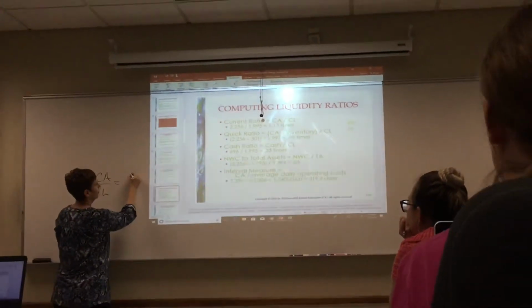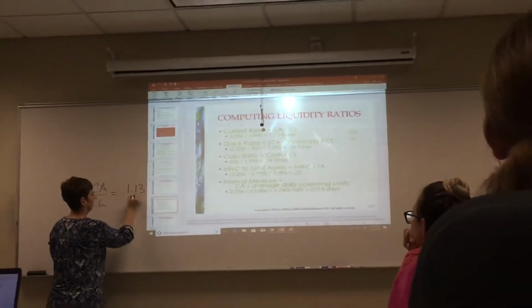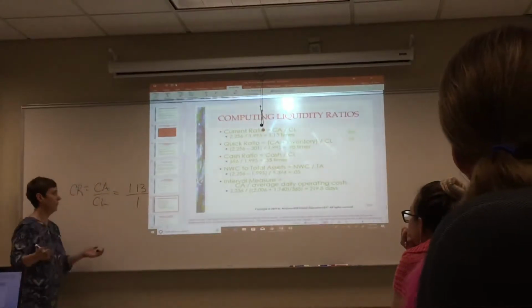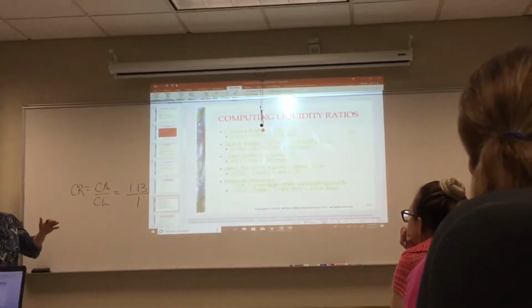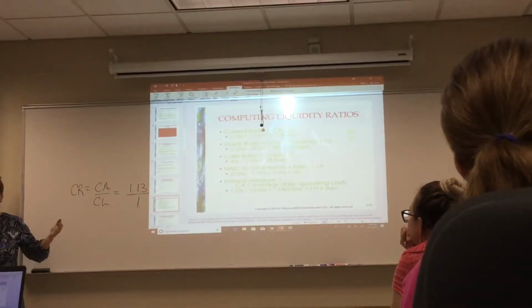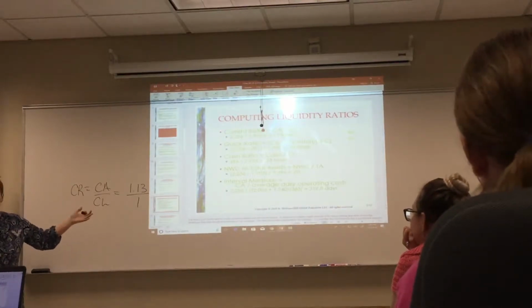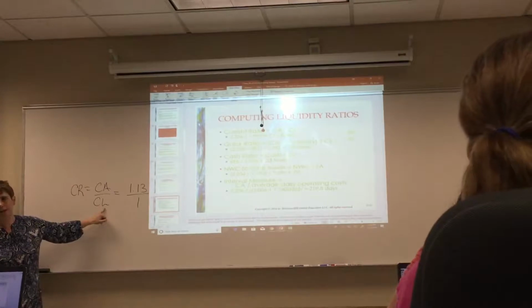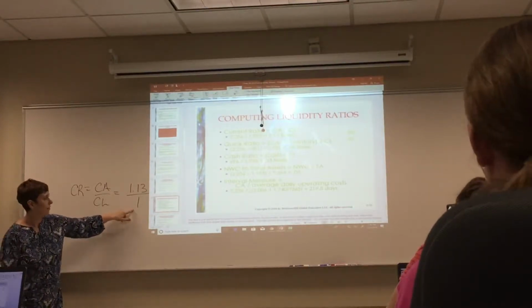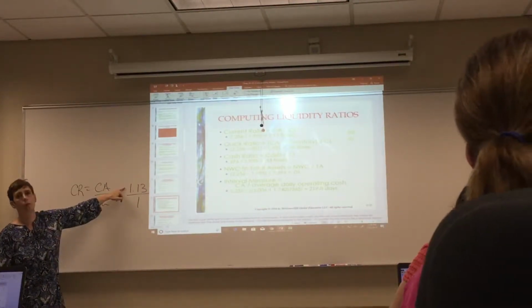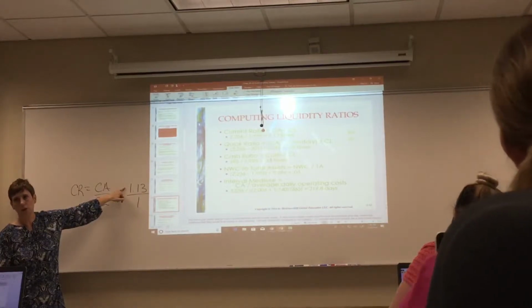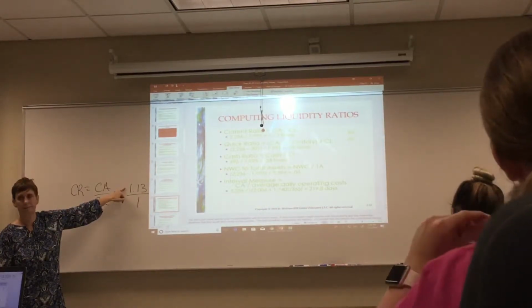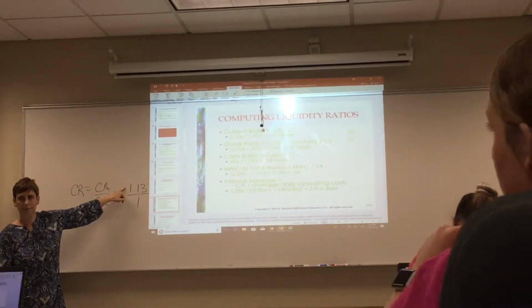And we get a number 1.13. I like to look at it as 1.13 to 1. All right, does that change it at all? And that just tells me that for every $1 of current liabilities, I've got $1.13 worth of current assets. Hopefully.